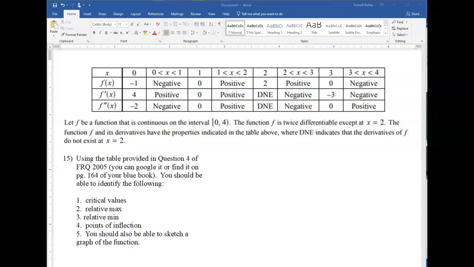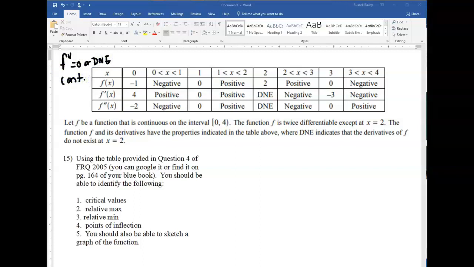All right, let's go ahead and talk about points of inflection. In order for a point to be a point of inflection, a couple of things need to happen. First of all, the second derivative either needs to equal 0 or not exist. Second of all, it needs to be continuous.